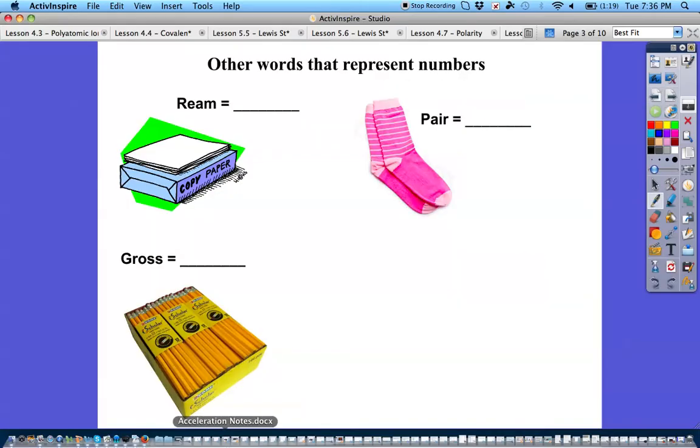We also have some other words that represent numbers. In a ream, there are 500 sheets of paper. In a pair of socks, we have 2 socks. A gross is 12 12s, so 12 times 12 gives us 144.